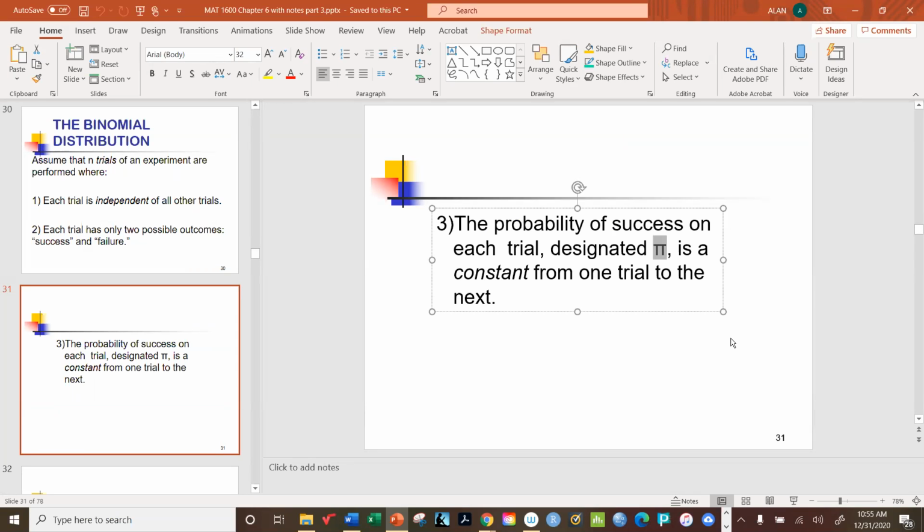So here they're using the letter pi to represent the probability of success on a single trial in a binomial experiment. Don't get it confused with 3.141, et cetera. This is meant to represent the probability of success on a single trial. So we're assuming that that probability never changes, just like, for example, the probability of getting a head on a coin flip never changes.